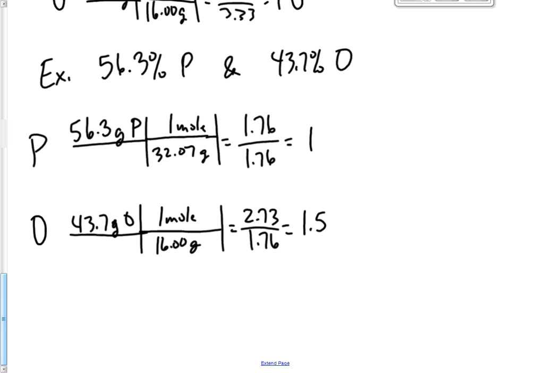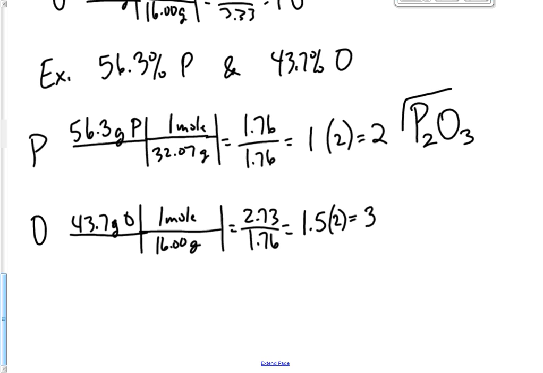But you can't put a 1.5 as a subscript, and that's not close enough to either 1 or 2 to round it in any direction. So what we're going to do is multiply them both by 2. So now we have 2 phosphorus and 3 oxygen.